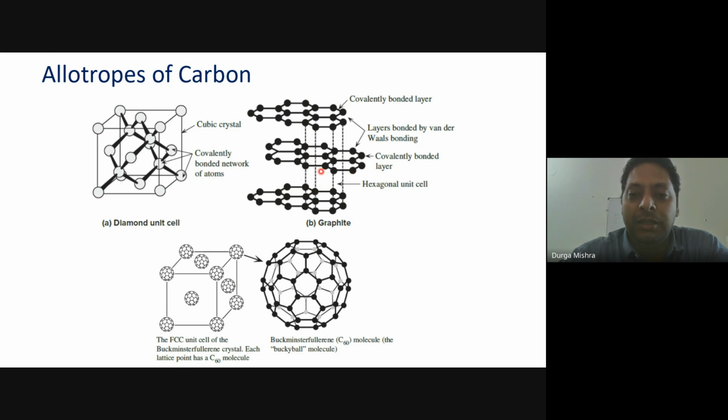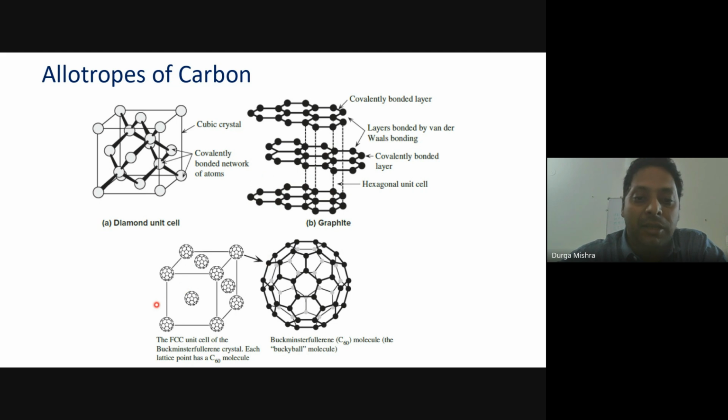Within the plane, the carbon-carbon bonding is covalent, sp2 hybridization, but out of the plane you have a very weak van der Waals bonding. So it is easy to remove one of the layers, and if you are able to isolate only one such layer, that is what we call graphene. It is a 2D material, just like a 2D sheet.